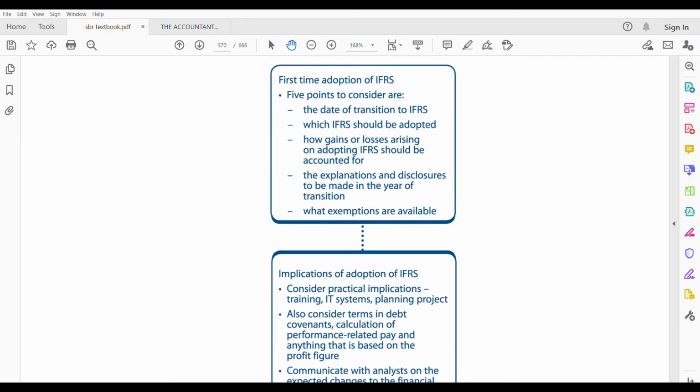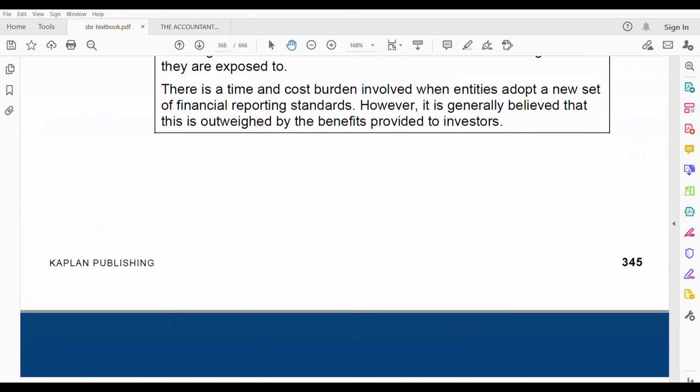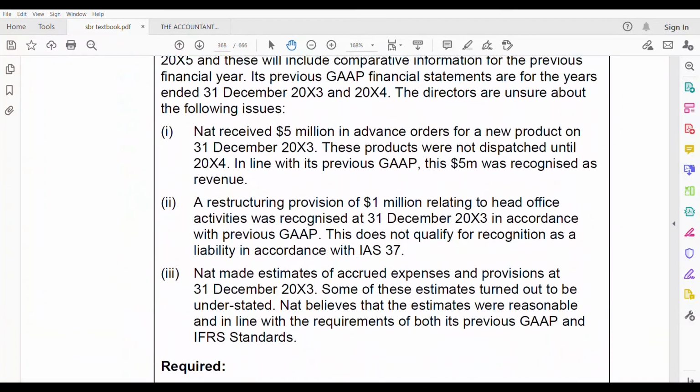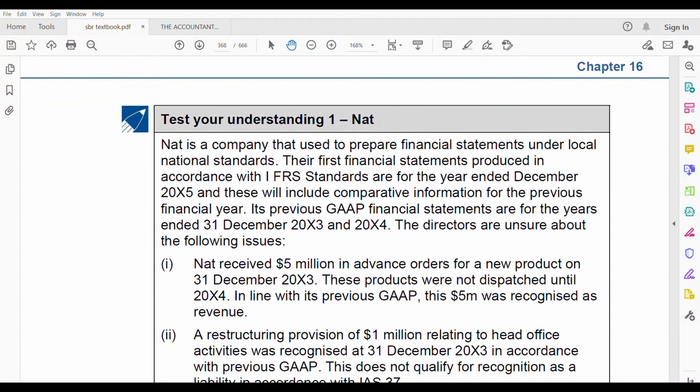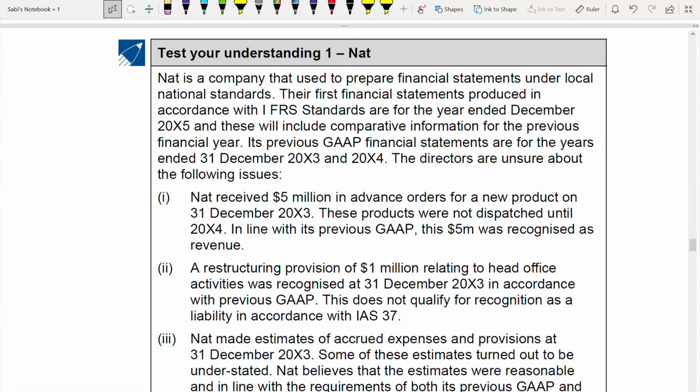So now let us start this test of understanding 1, before I finish IFRS 1 and go to the next standard. NET is a company that used to prepare financial statements under local national standards. Their first financial statements produced in accordance with IFRS are for the year ended December 2005.